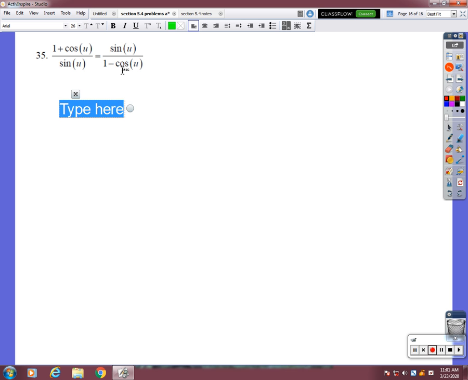So if I cross multiply these, that would be 1 plus cosine u times 1 minus cosine u equals sine u times sine u, which is sine squared of u.